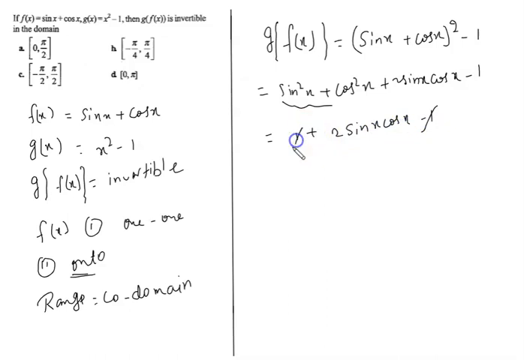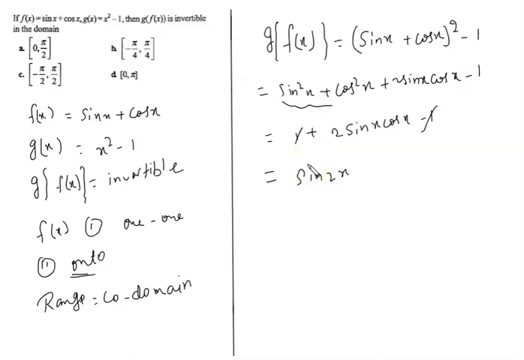The plus 1 and minus 1 cancel. We know the formula 2 sin x cos x is equal to sin 2x, so g of f(x) will be sin 2x.